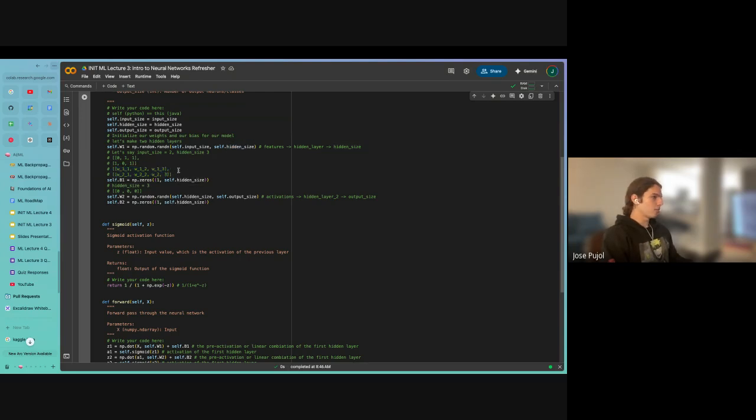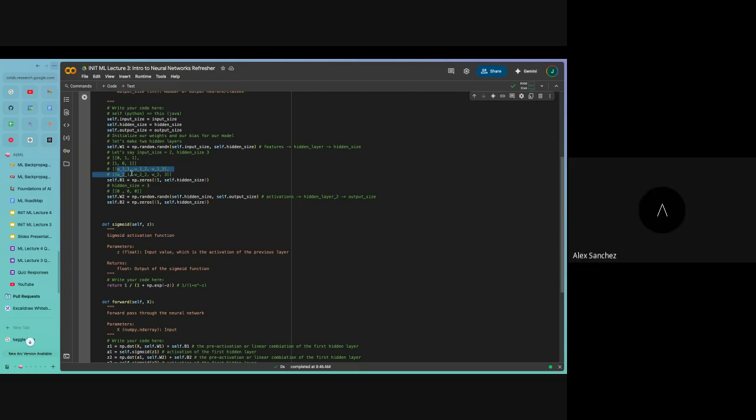So what this is telling me is that the rows need to match with the input and the columns need to match with the number of neurons. So I need to have a column that corresponds to every neuron, and I need to have a row that corresponds to every incoming feature or incoming activation, right? Okay.